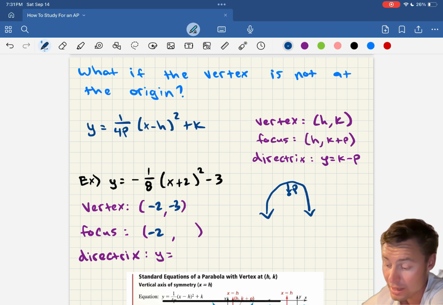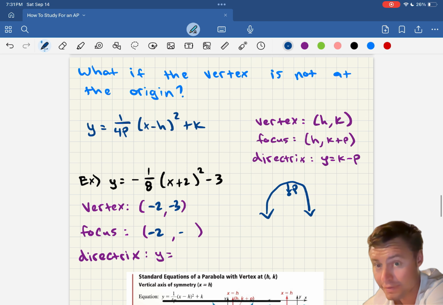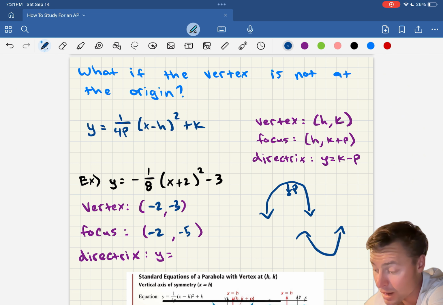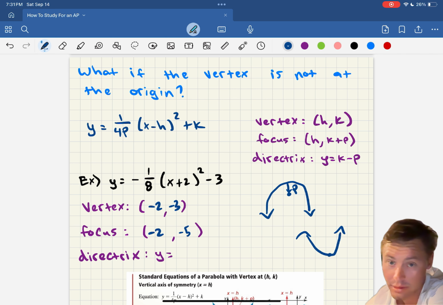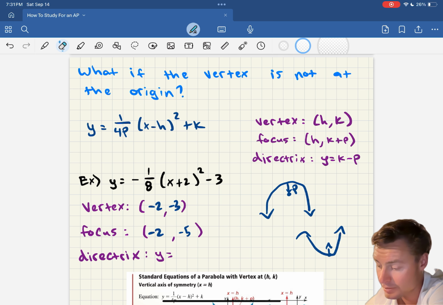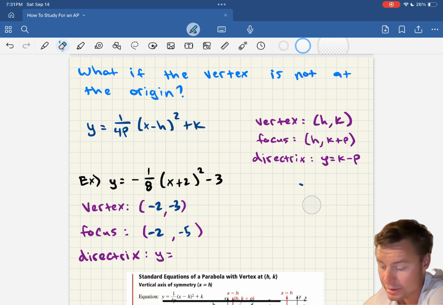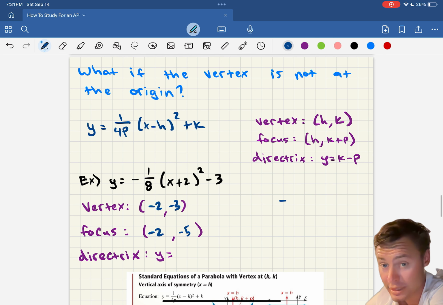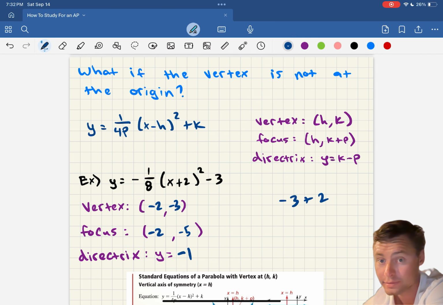So negative 3 minus 2 is negative 5, okay? If it had been facing up, I would have gone from the y value of my vertex up to the focus, okay? But because it's facing down, I go down to the focus. All right, and then my directrix is y equals whatever the y value is of the vertex plus the p value in this case. So y equals negative 1.